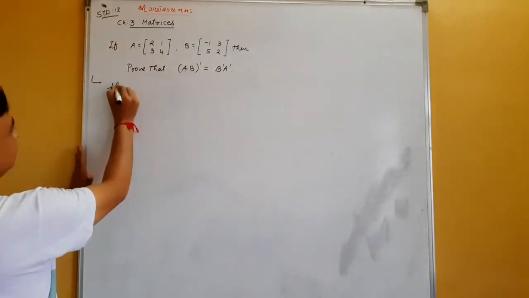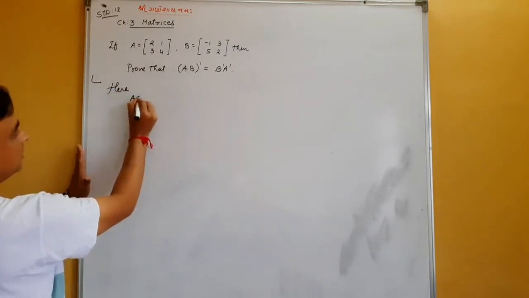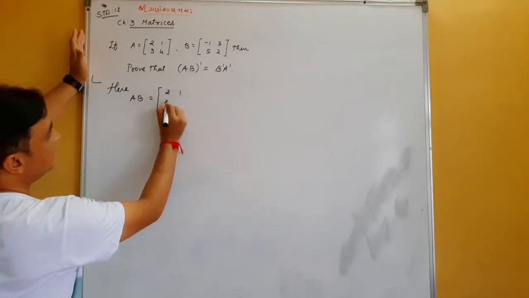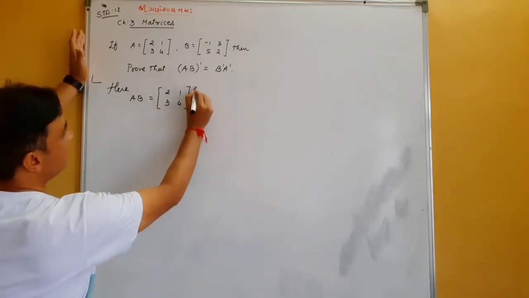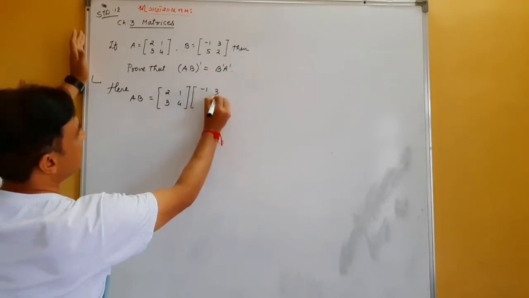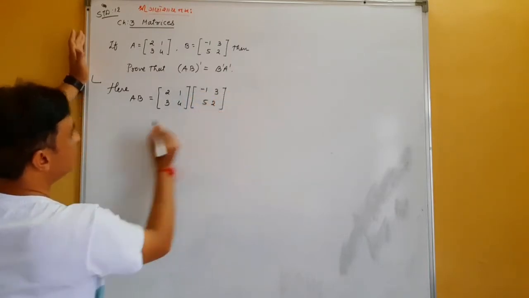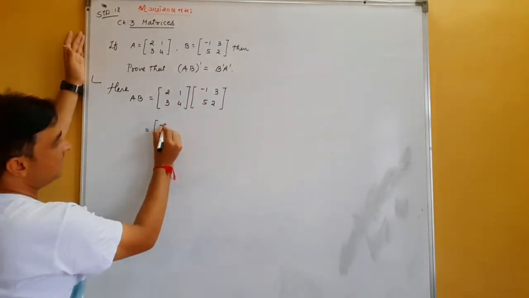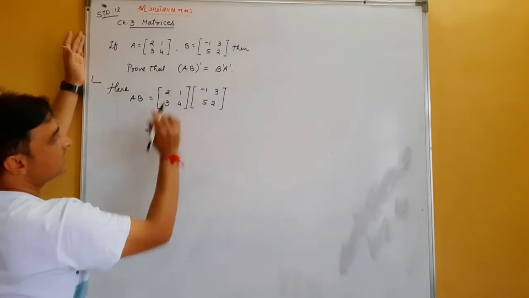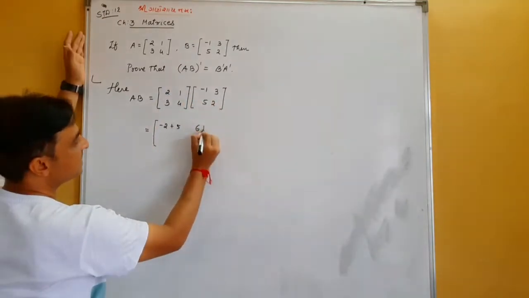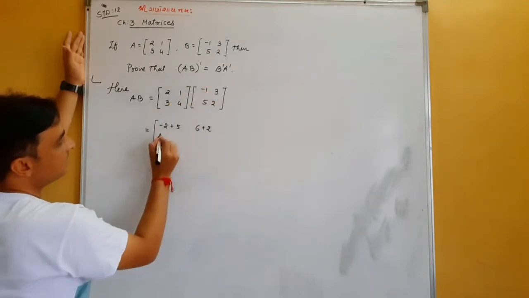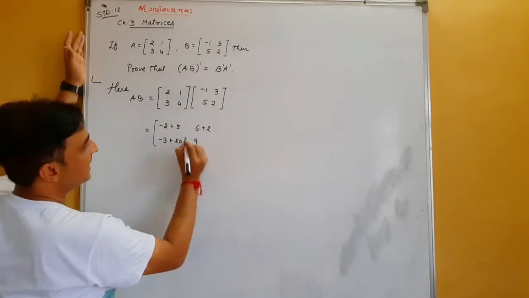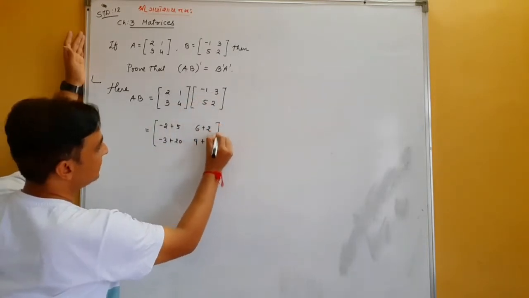So for that, first find the product of the two matrices. [2 1; 3 4] times [-1 3; 5 2]. First row first column: -2 plus 5 is 3, then 6 plus 2 is 8, -3 plus 20 is 17, and 9 plus 8 is 17.